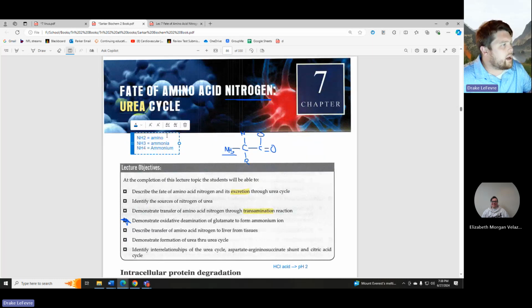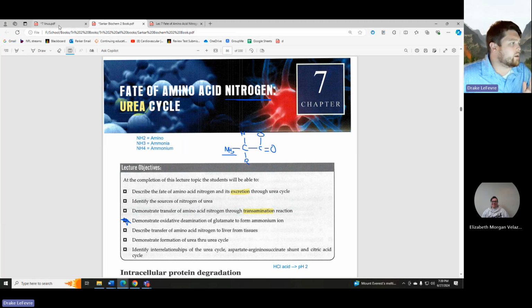They all essentially mean the same thing, like they turn into one another. But if you see the different names, it might be a little confusing. So NH2 is the amino, NH3 is ammonia, and NH4 is ammonium, just in case he uses any of those different words.